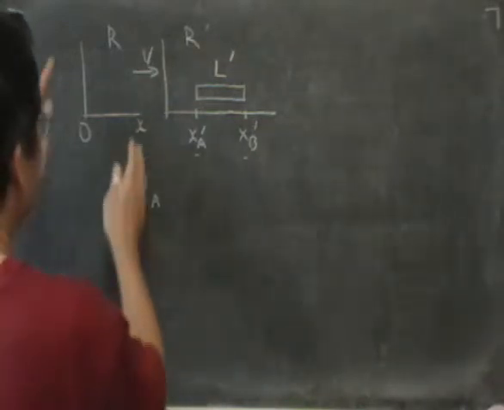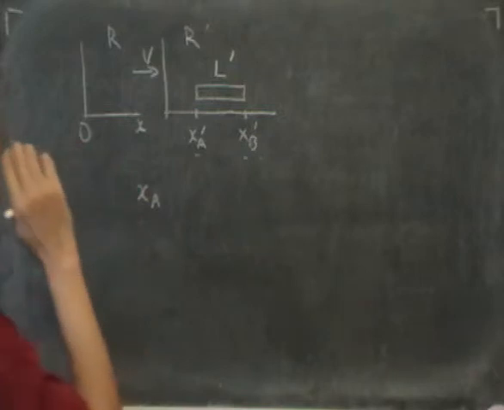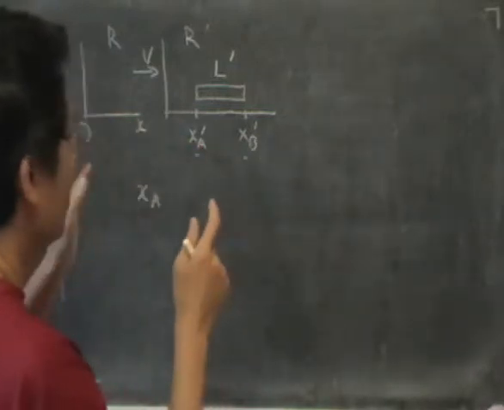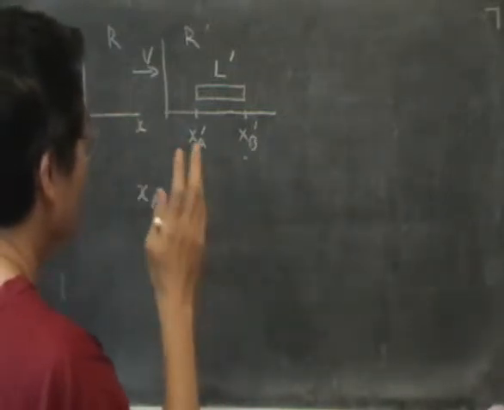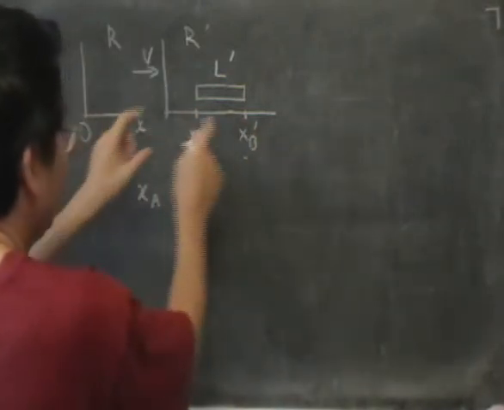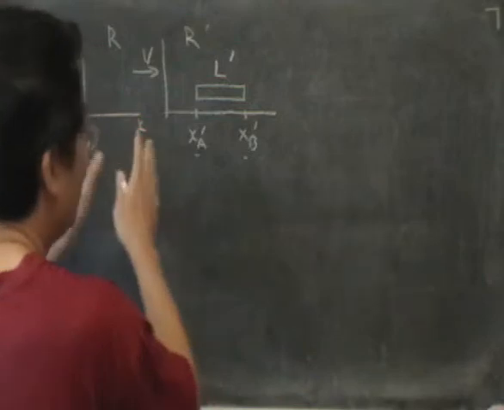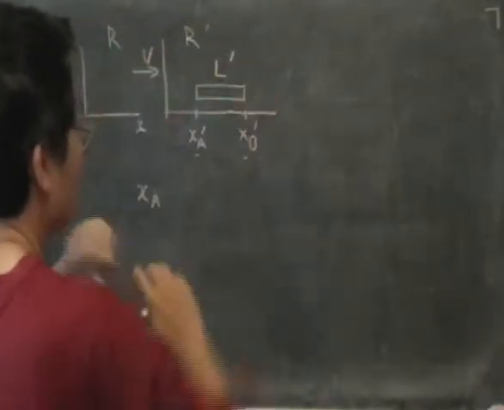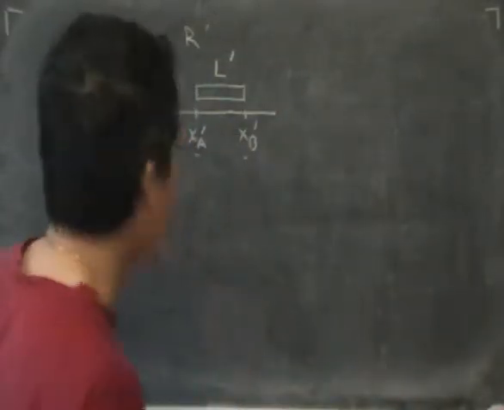And suppose that this observer here, let's say he takes a picture. This observer who is at rest here has a camera, and he takes a picture of this moving object so that he can measure it at his leisure.